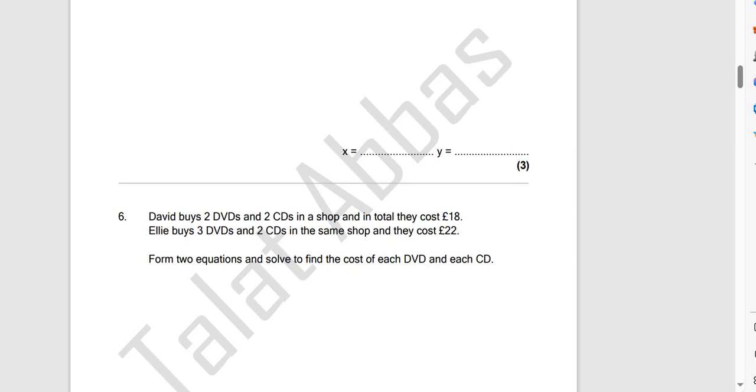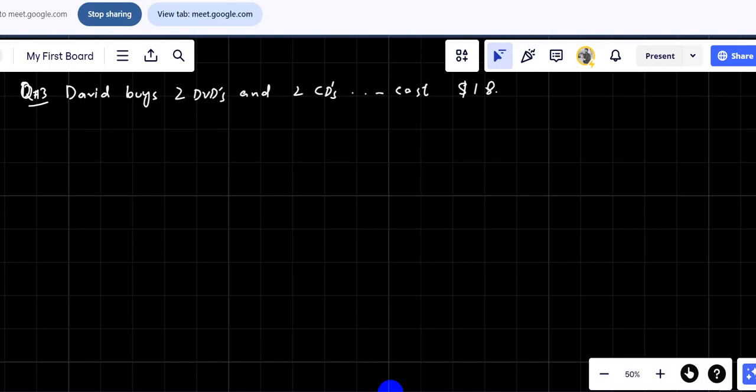Then Lara buys 3 DVDs and 2 CDs, which cost $22. 3 DVDs and 2 CDs, which cost $22.